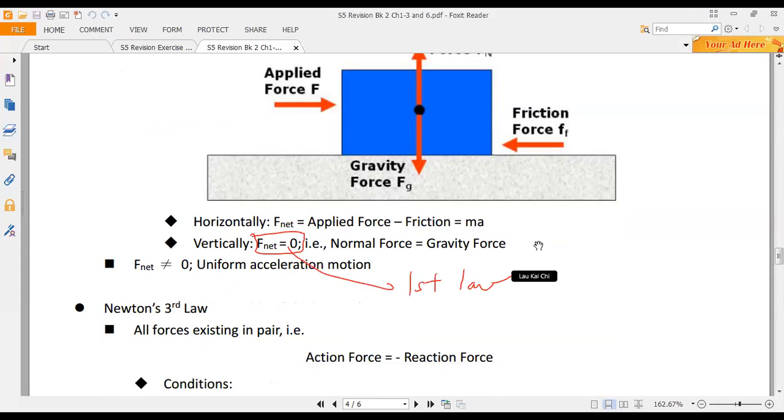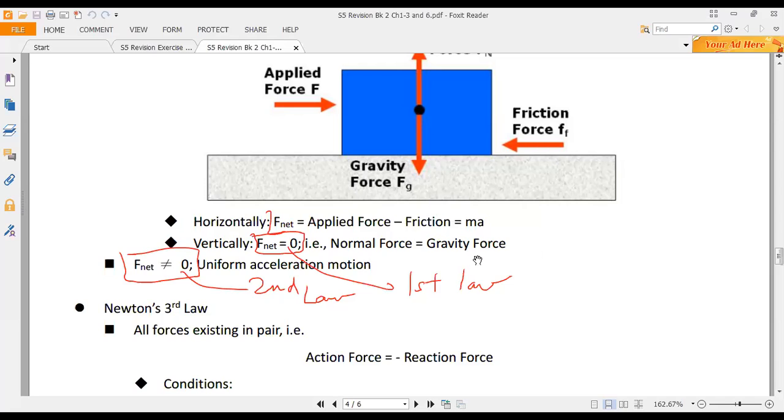So this is second law, I mean. There are only two possibilities, right? Net force equal to zero or net force not equal to zero. So that is how Newton's first and second laws talk about how forces affect a motion.